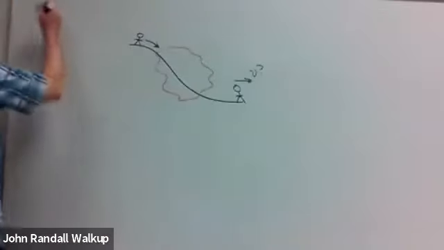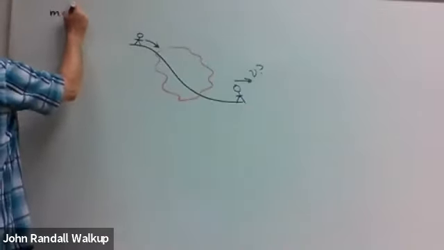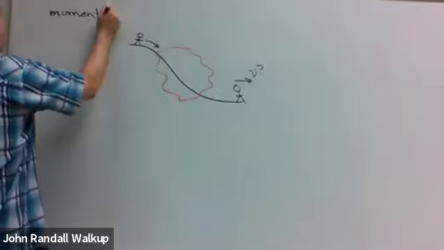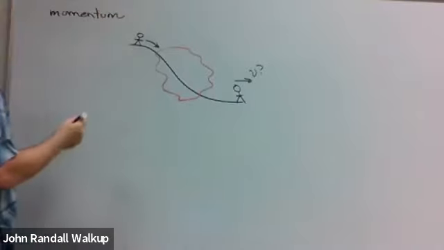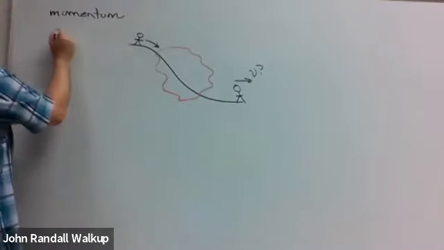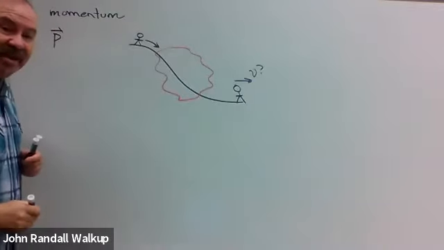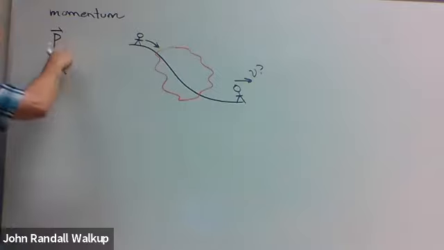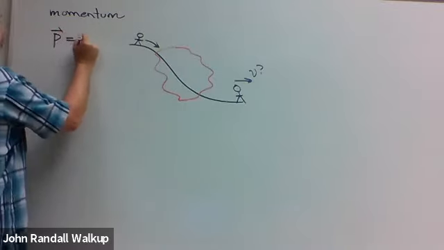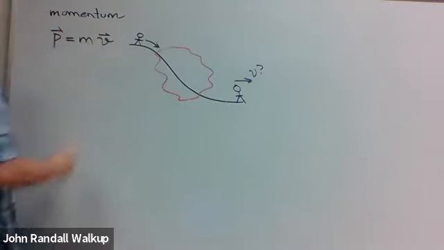So we have momentum, a quantity that we call P. I don't know why they use P, but they do. It's a vector quantity, and it's simply equal to the mass times the velocity.